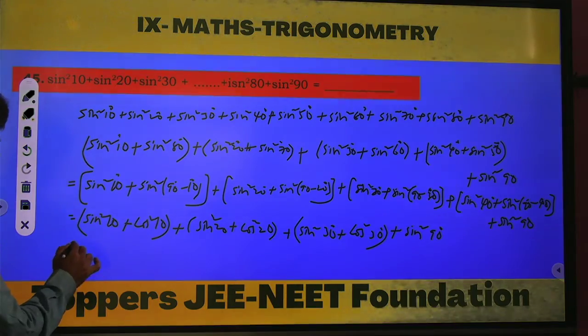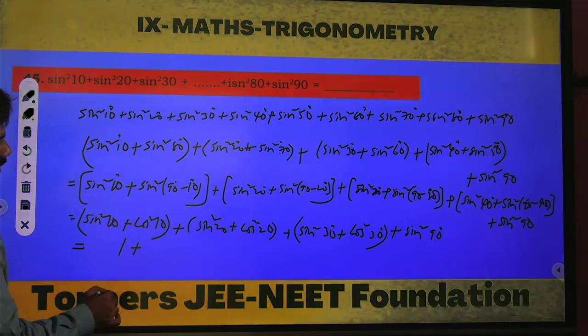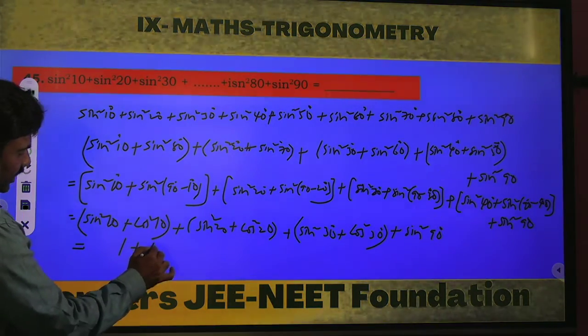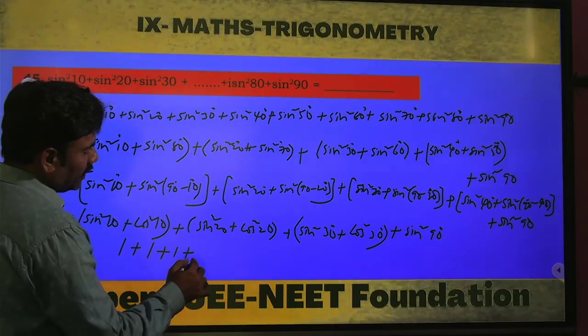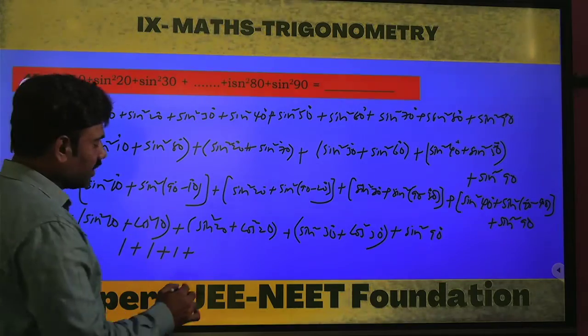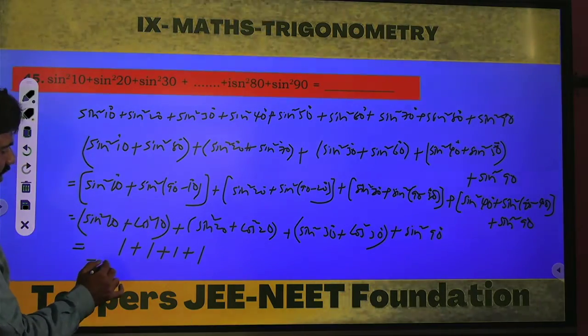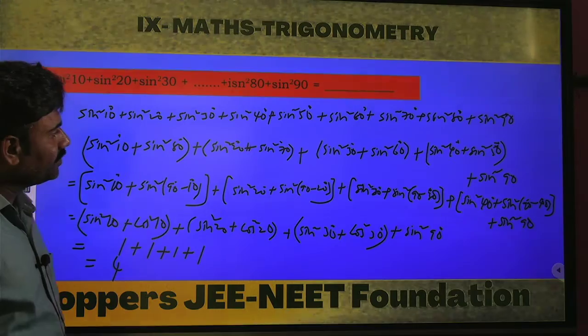That is equal to sin square 10 plus cos square 10, value 1, sin square 20 degrees plus cos square 20 degrees, value 1, sin square 30 degrees plus cos square 30 degrees, value 1, plus sin square 90, sin 90 degrees value 1, 1 square means 1. Finally, 1 plus 1 plus 1 plus 1 is equal to 4.